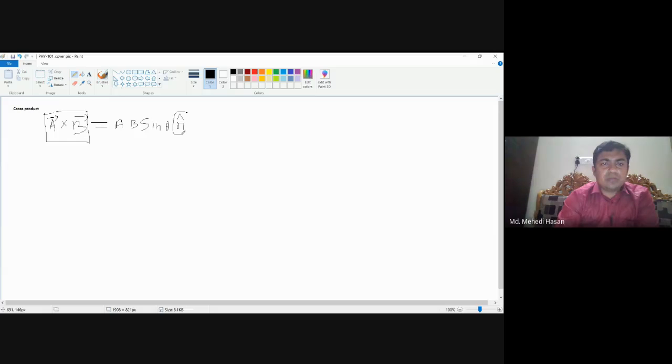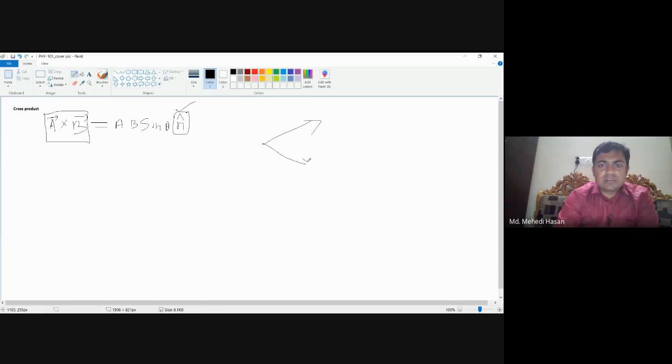So that's why we have to introduce a new unit vector, which is n cap. This is called the unit vector, which represents the direction of the resultant vector, basically the result of A cross B.